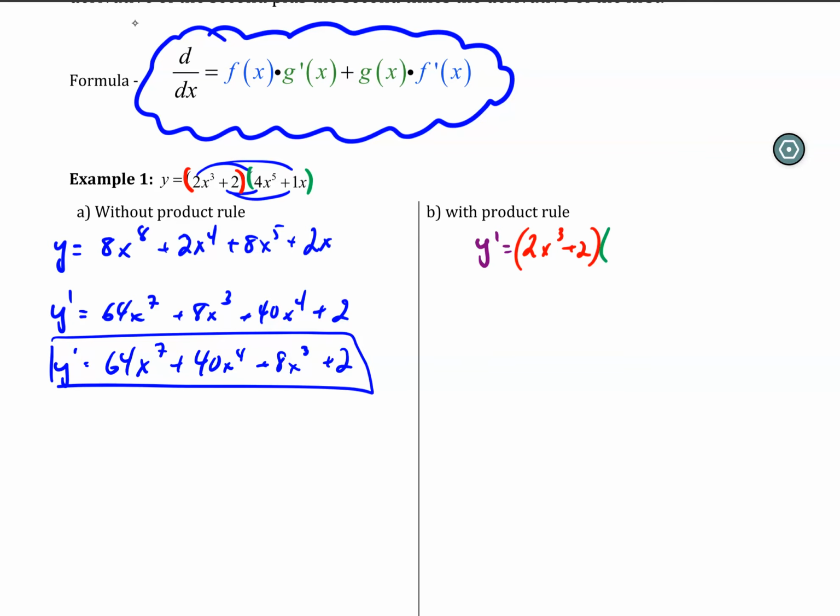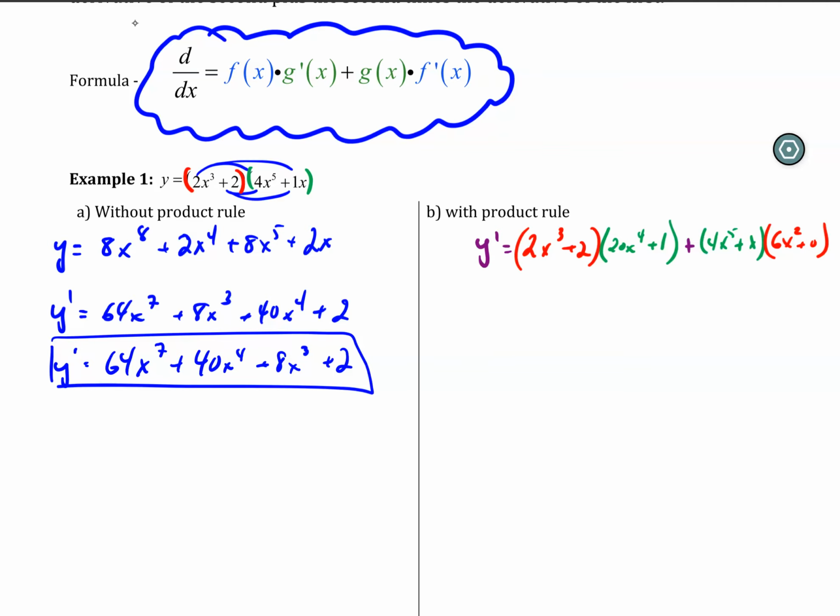For this part, I would use the power rule: 20x to the 4th plus 1. Then I add the second term, 4x to the 5th plus 1x, multiplied by the derivative of the first, which is 6x squared plus 0. That would be the idea, and all I'd have to do is simplify this.